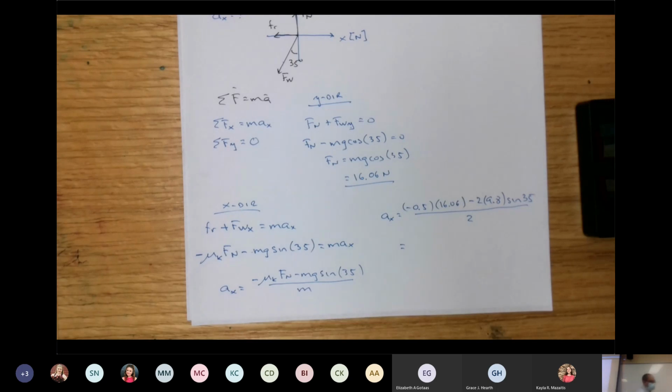Let me double check. Either you guys are correct and the people in the morning are really wrong, or, so I have 0.5. Oh, I didn't divide those.